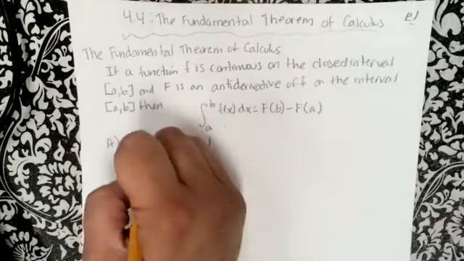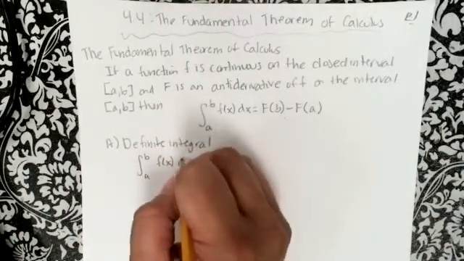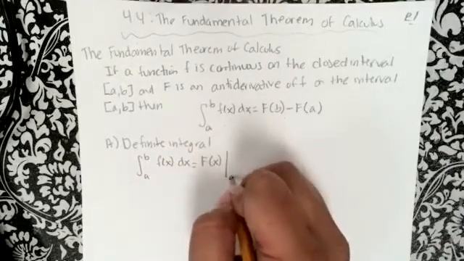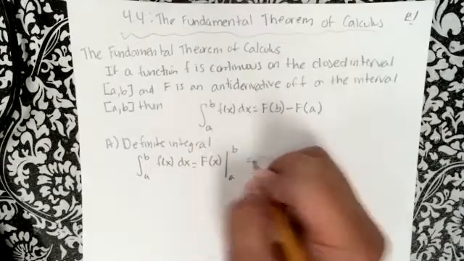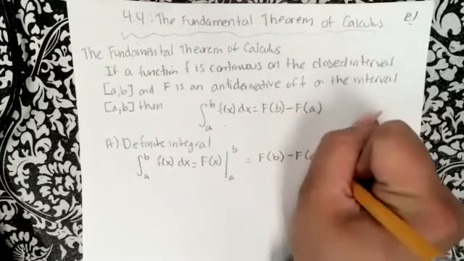Definite integral. So here we're going to go from a to b of the function, and that is going to equal the antiderivative at the upper bound minus the antiderivative at the lower bound.